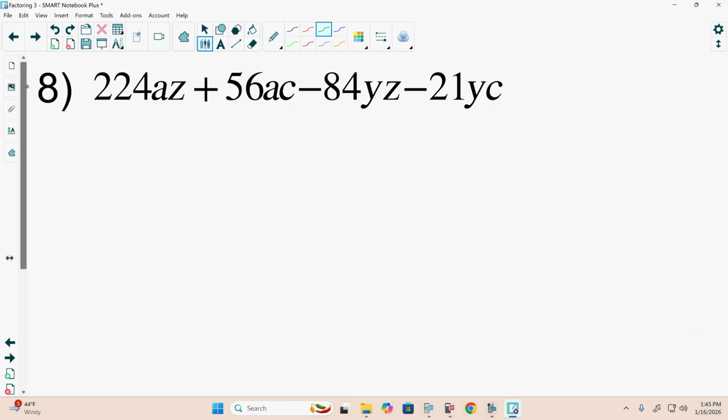So we could look and see if 224, 56, 84, and 21 do have a common factor amongst all four. However, there could be a lot of numbers that we could have to check, because there could be a lot of things divisible by all four. However, I know whatever is going to divide into all four cannot be bigger than what? 21, yeah?